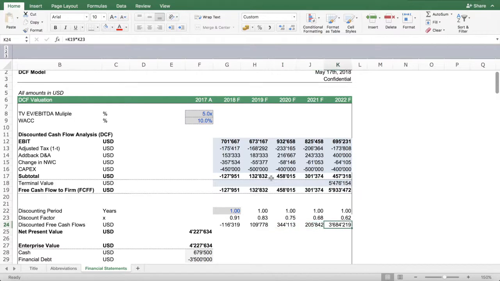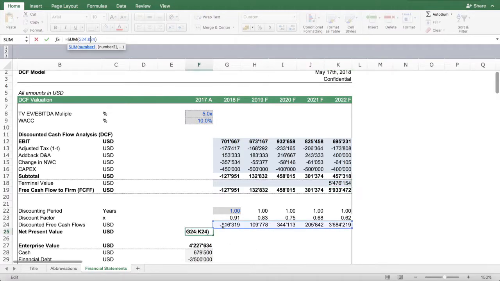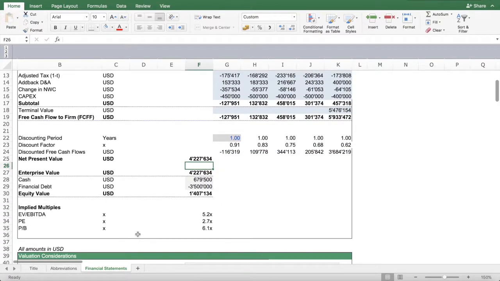Voila. And at the end of year 5, you see this amount is highest because here it also includes the terminal value. That's what we have done before. What we do now is we sum up all these future cash flows, and it gives us the net present value or the enterprise value of the company.